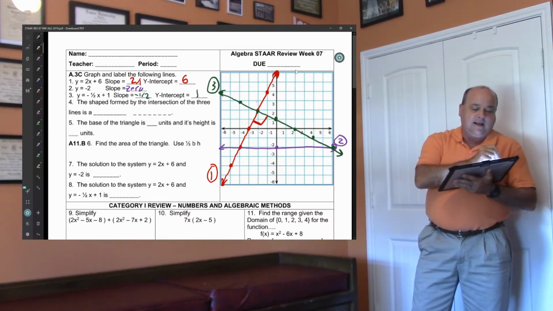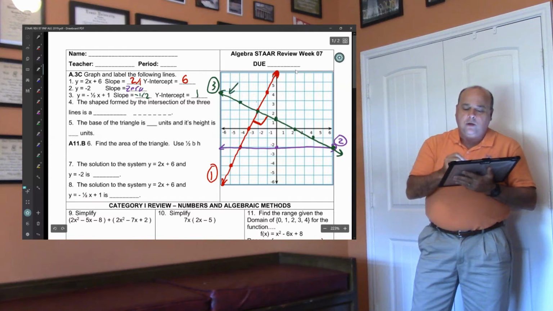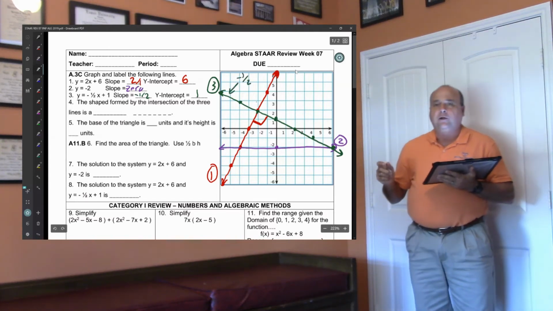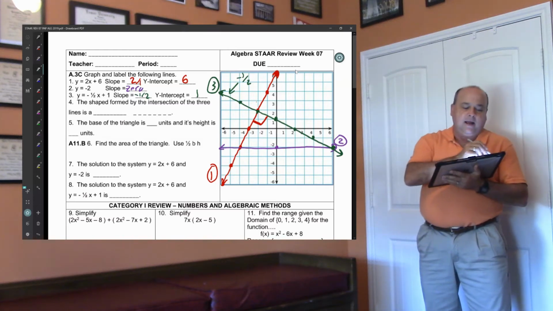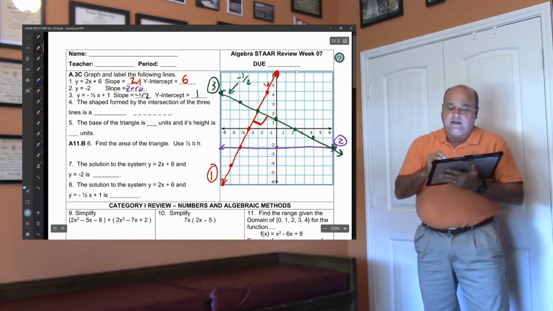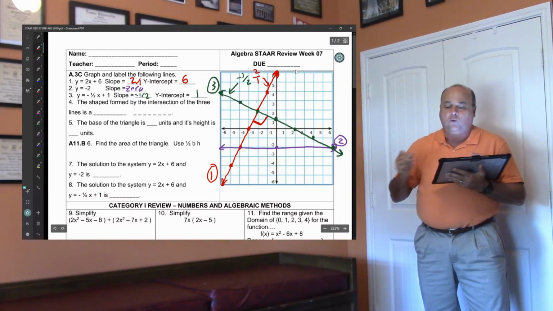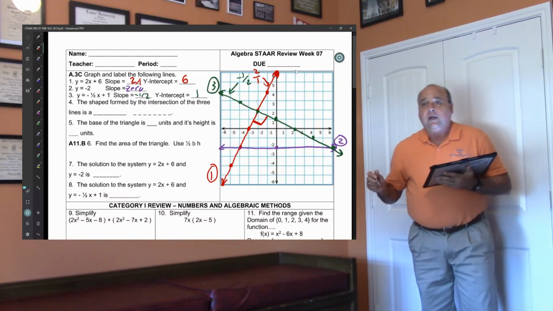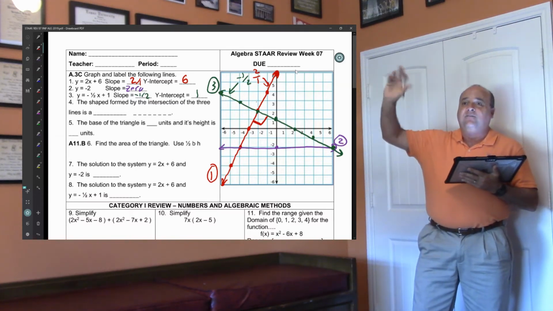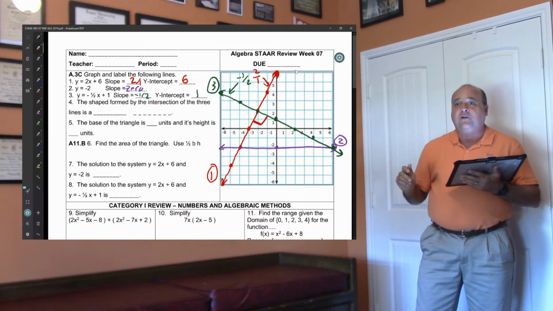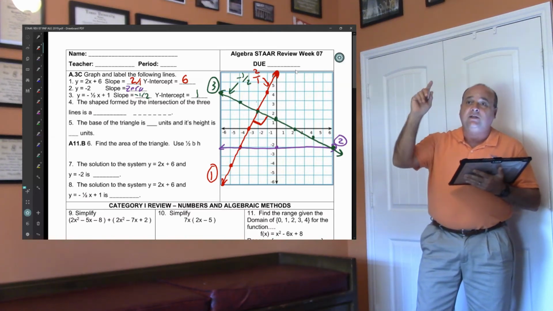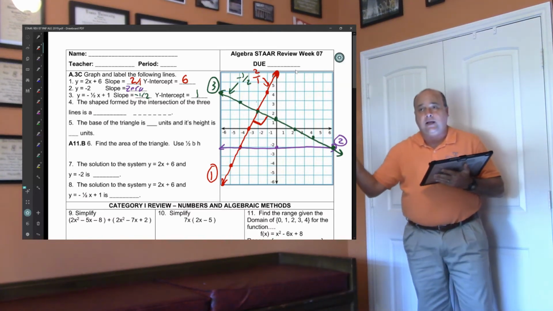This green line has a slope of negative 1/2. I'm sorry, so the green line has a slope of negative 1/2, and the red line has a slope of 2 or 2 over 1. Okay, do y'all see how the 2 over 1, if I flip it and change the sign, I get the negative 1/2, right? That means the 2 lines form a 90-degree angle.